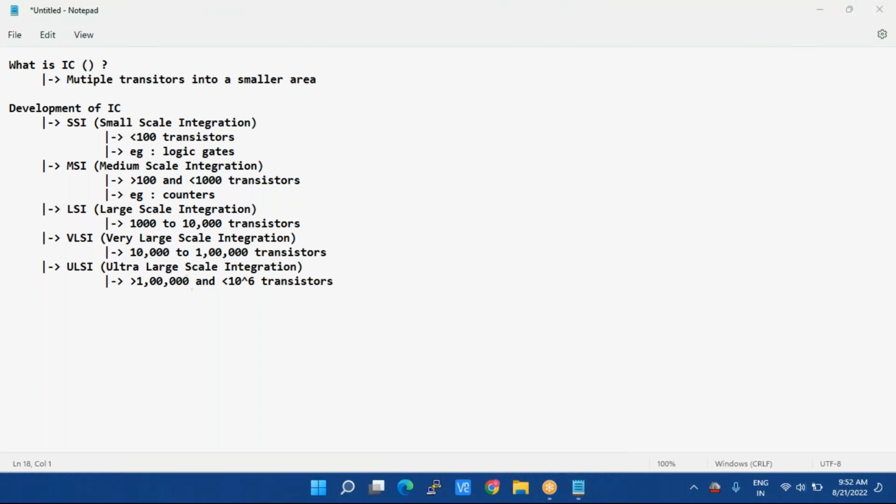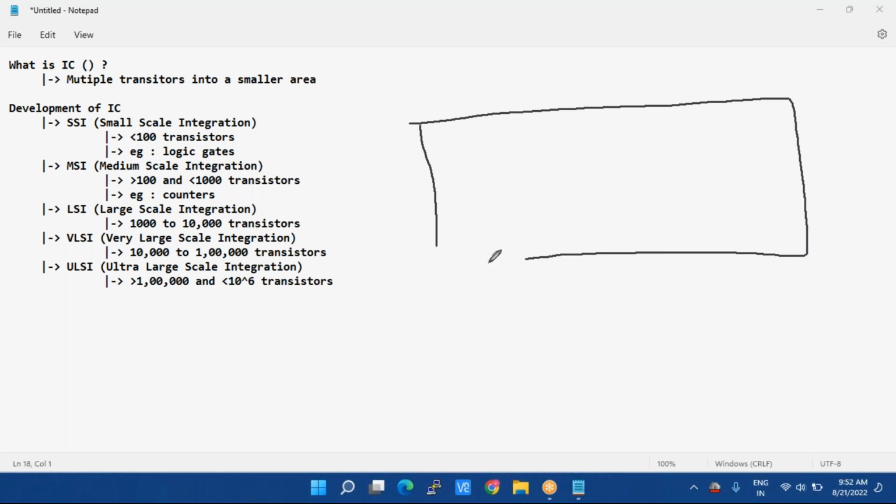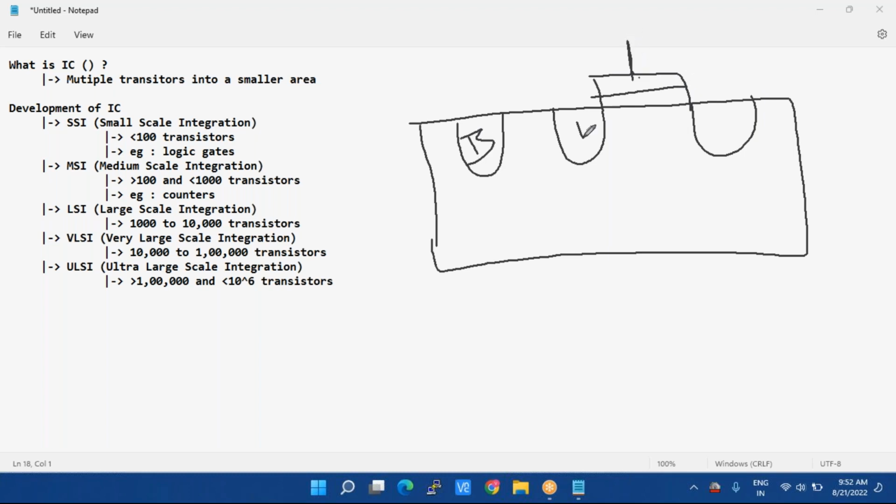So let's consider a basic NMOS or PMOS. Is this how your body, drain, source schematic will be drawn?